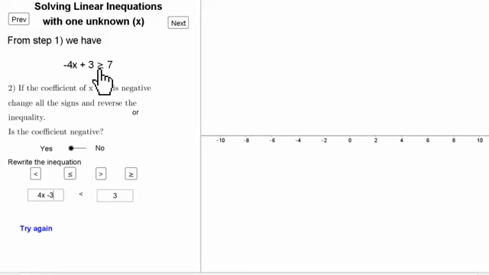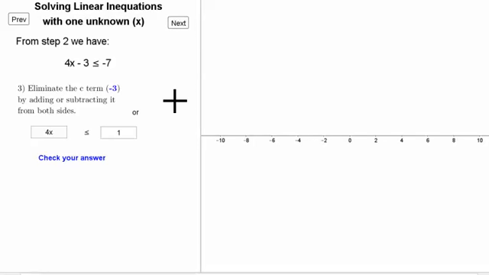The greater than or equal to becomes less than or equal to. And the 7 changes to negative 7. We're putting the signs in reverse for every single part of that. And again, we're told that we're on track, so we can go to the next step.